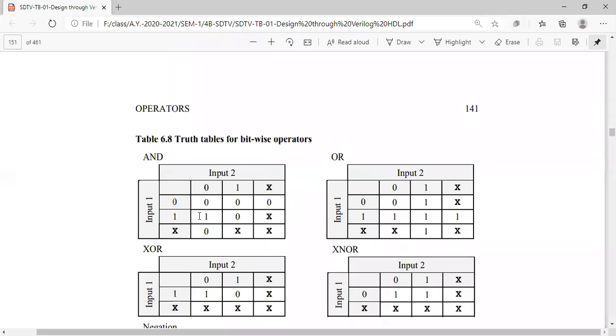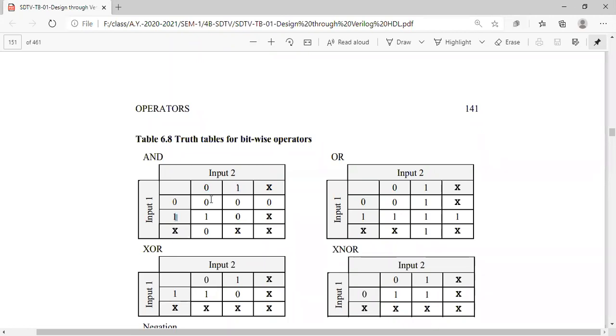Oh sorry, actually there is a mistake here. Here it is 1 and here it is 0. How can it be 1? It is 0 here, but here it is 1 and here it is 1. It should be 1 here, right?